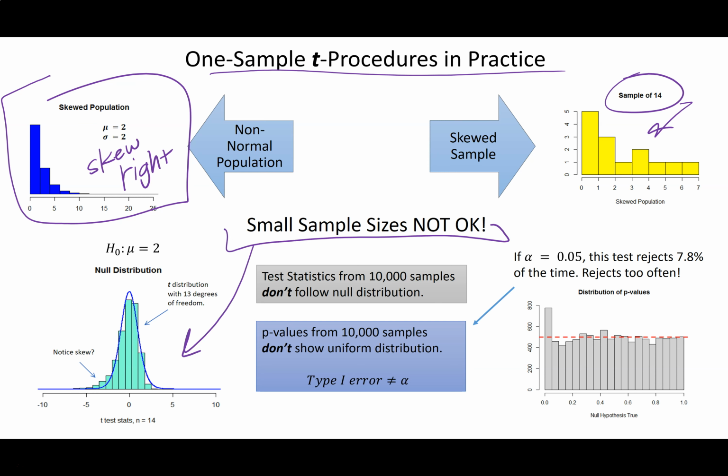When you look at our null distribution here, it's not as bell-shaped and symmetric as it should be. It is a little bit skewed, which ends up increasing our type 1 error. We do not like that. We don't like our type 1 error being anything different than what we set it to be. Here, instead of being 0.05, this test is rejecting 7.8% of the time, which is too often.